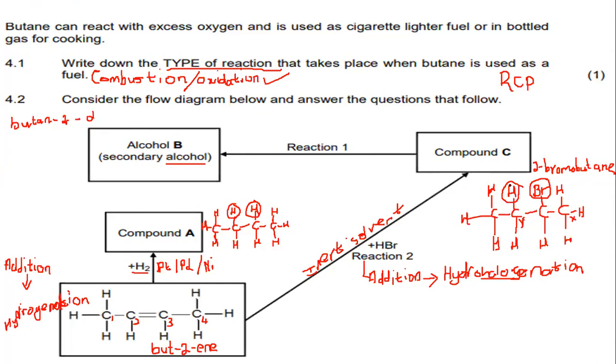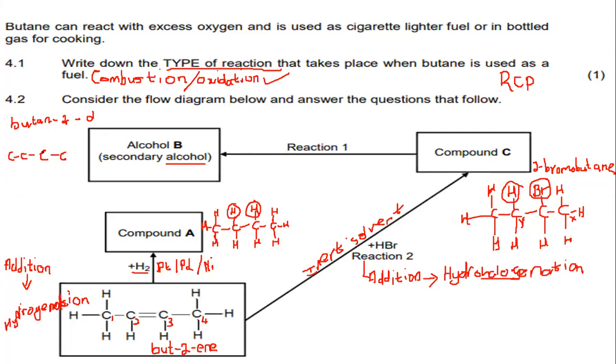How? It means I'm going to have these 4 carbons still. Remember, the reaction has to be balanced. So the number of carbon atoms on the left must be equal to the number of carbon atoms on the right-hand side. Then it's a secondary alcohol.